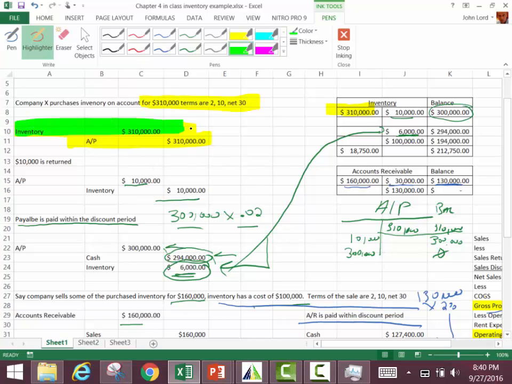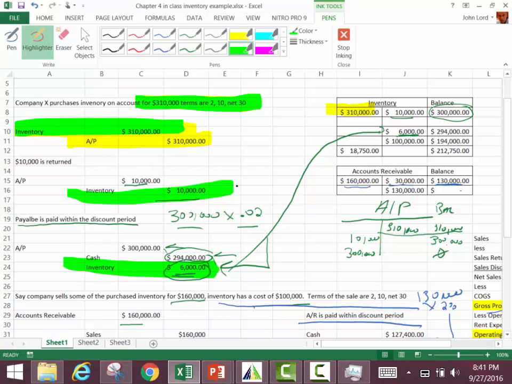The other thing that is new here is these discounts termed what? 2/10 net 30, right? If we're purchasing and we take the discount, the discount is going to be subtracted off of the inventory, isn't it? Okay, if we have a return, it comes off of the inventory.